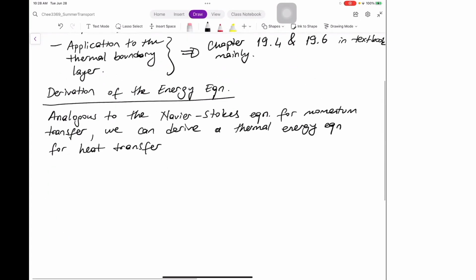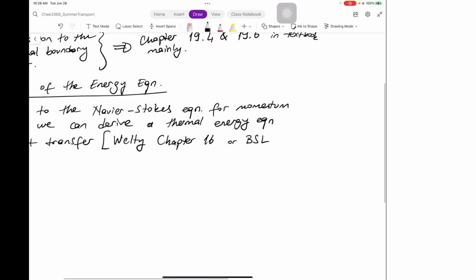So what about this thermal energy equation for heat transfer? Check the WELT textbook, chapter 16. Okay, or in BSL, Bird, Stewart, Lightfoot. That's the second one, the second book. It's not the textbook, sorry, it's the recommended book. Chapter 11 for those who are interested. Let me quickly check chapter 16 in the book.